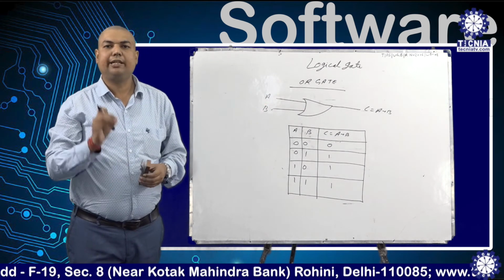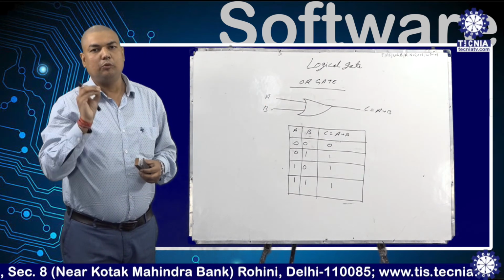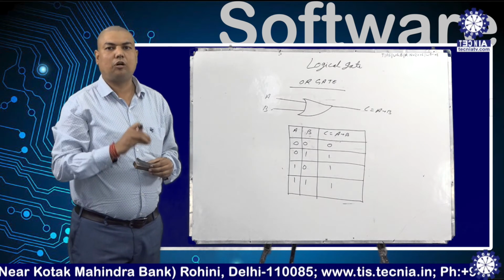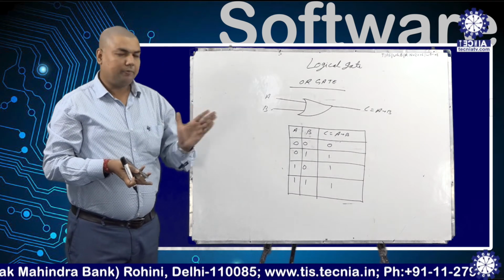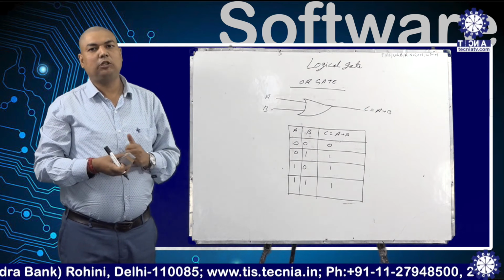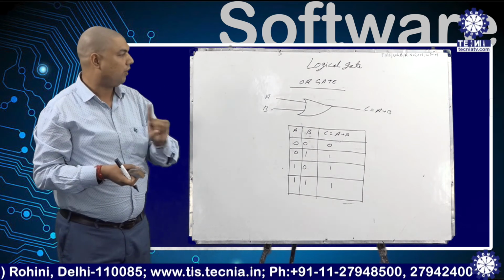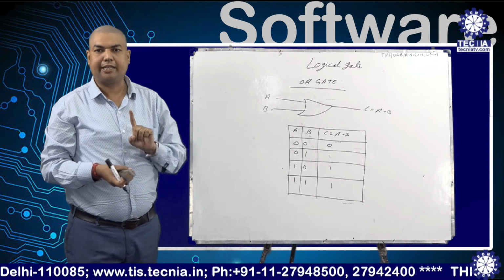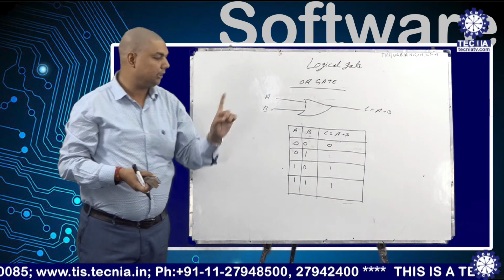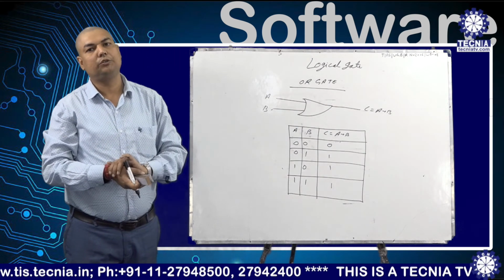The OR gate is a type of logical gate which performs the operation A plus B. Whenever you mention any gate, there are always three things to be mentioned. First, the logical diagram. Second, what is our expression. And third, our truth table.